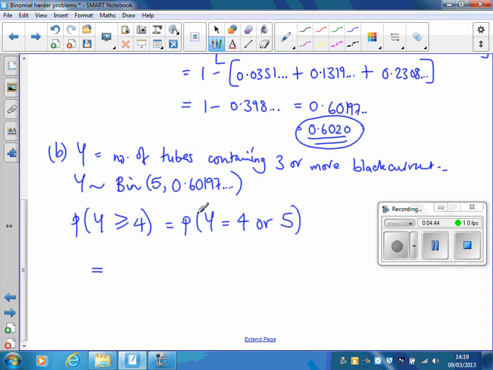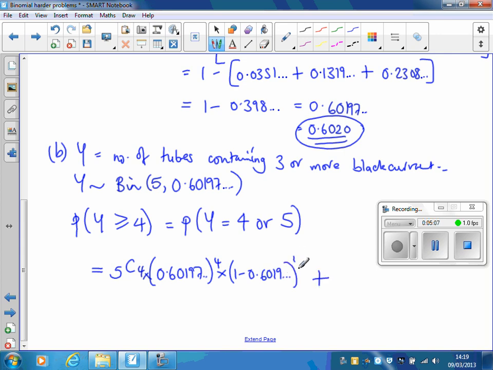So the probability that y is equal to 4, well, n is 5, so it's 5c4 multiplied by success, that's 0.60197, happening 4 times, multiplied by 1 minus, in other words this is your q, 1 minus 0.60197, and that's to the power 1.